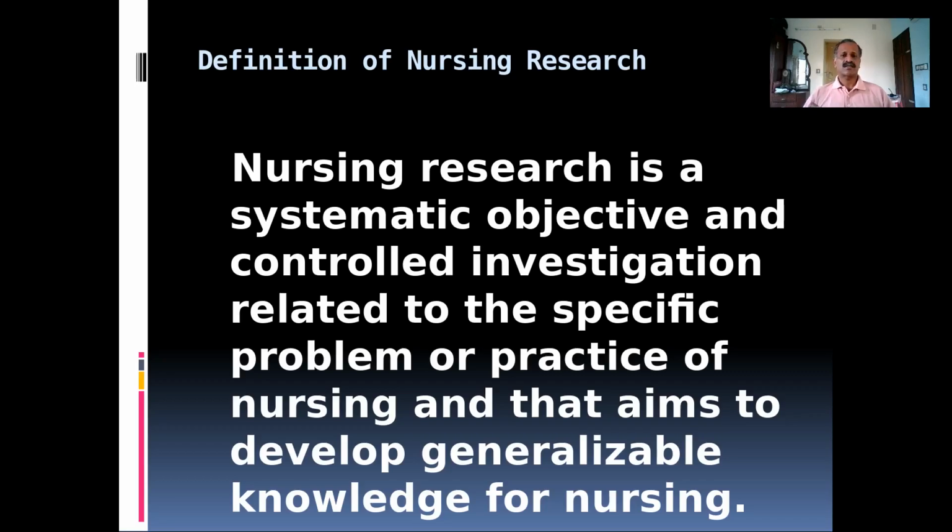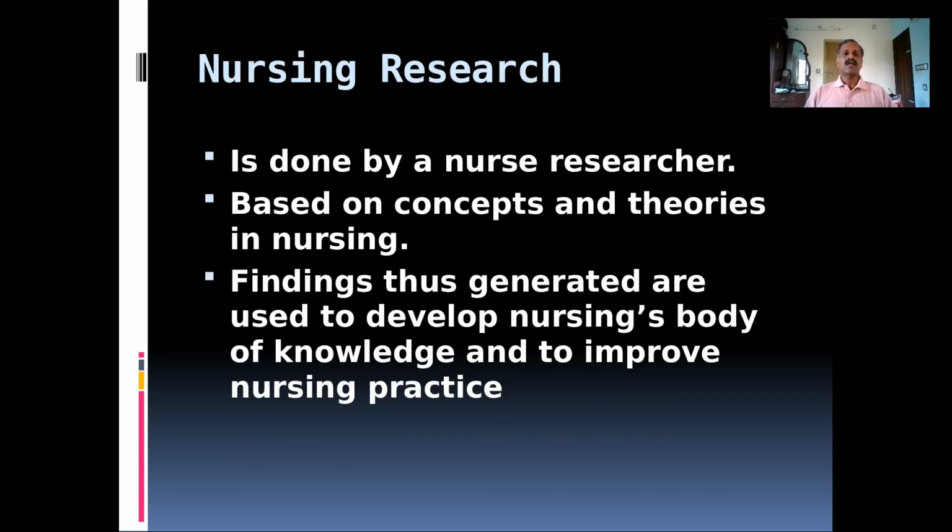Nursing research is a systematic, objective and controlled investigation related to the specific problem or practice of nursing, and that aims to develop generalizable knowledge about nursing. That is the definition of nursing research. So from the definition, we can come to the conclusion that nursing research is done by a nurse researcher.